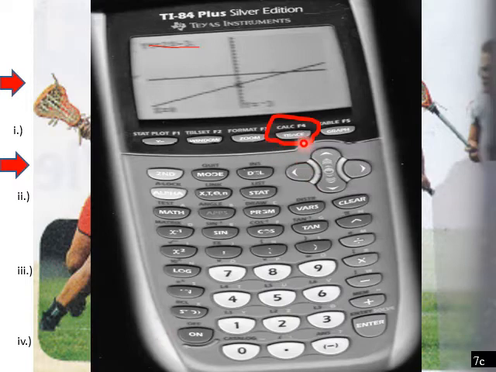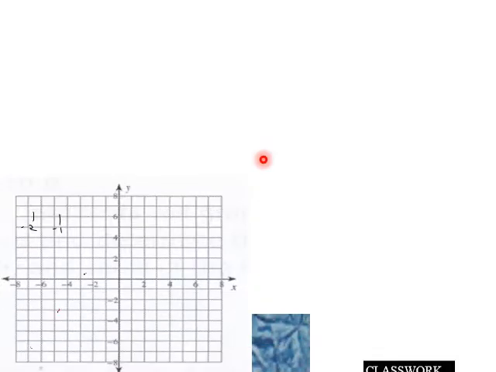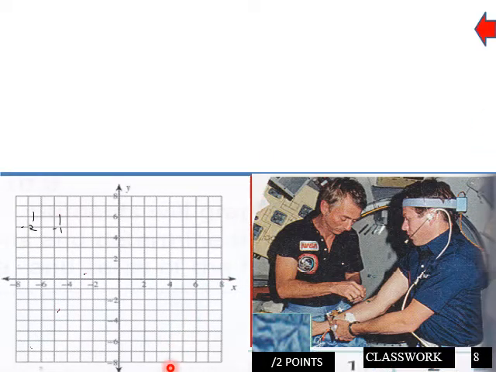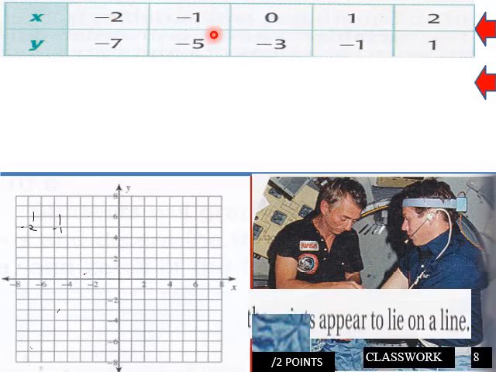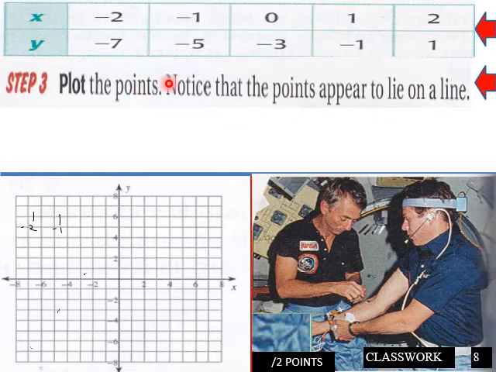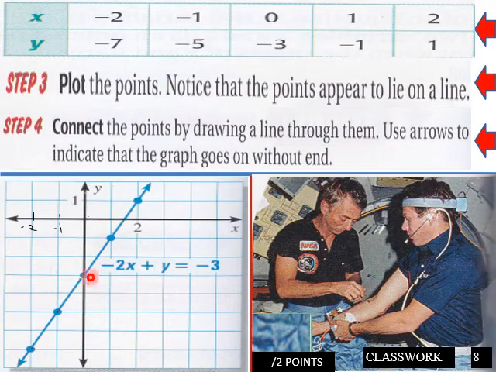Then we hit trace, get a tracer on that. And then here's our table for this too. We're going to hit table for it, and then plot the points. Notice that the points appear to lie on the line, but we don't know yet. Let's plot them. Here's the plot.